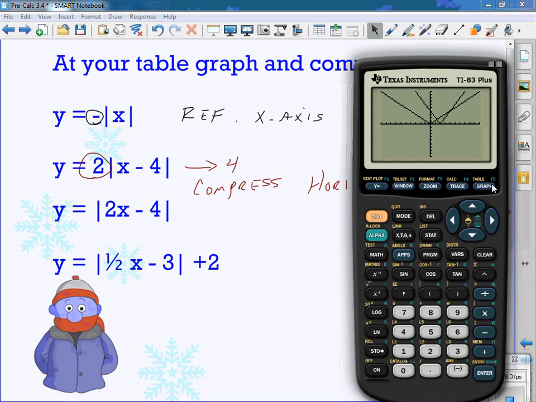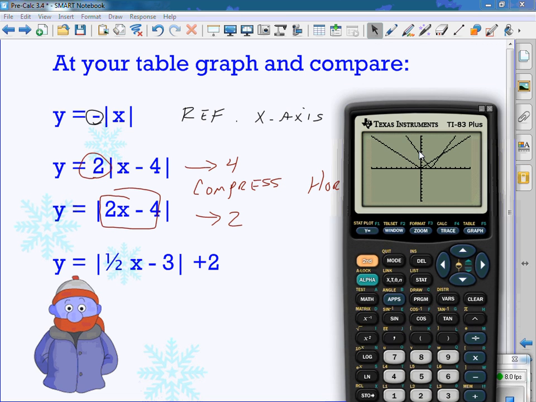What did it do here? Why only 2? That 2 is in the front. What you're really doing is setting that equal to 0 and solving. So negative 4 divided by 2 is negative 2, which means it moves to the right 2. And what else happened to it?